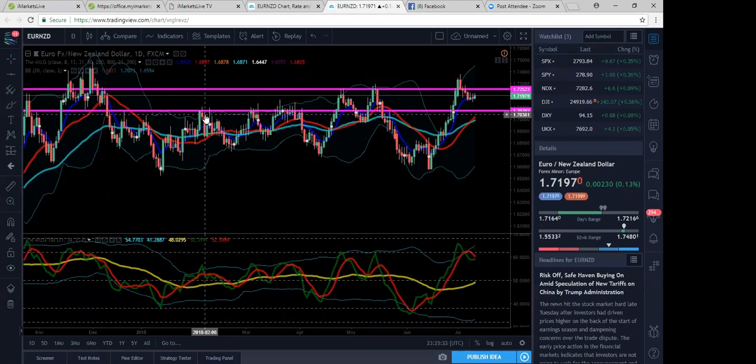So be mindful of what pairs you're trading and on what days they're going to have news events, especially red folder events. Just stay away from those pairs for that day until after the news.